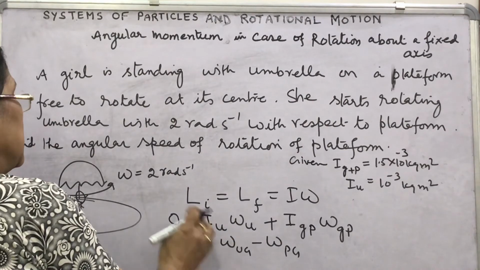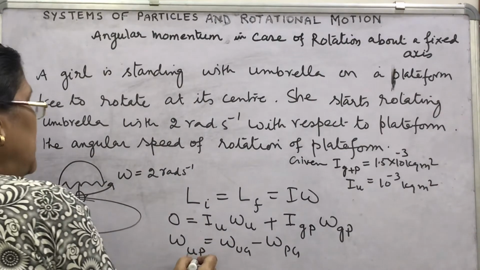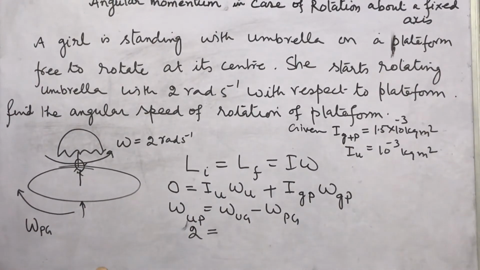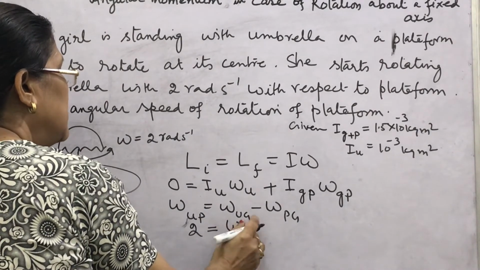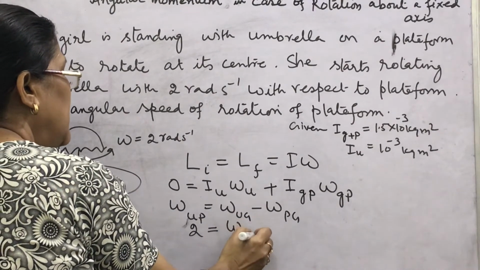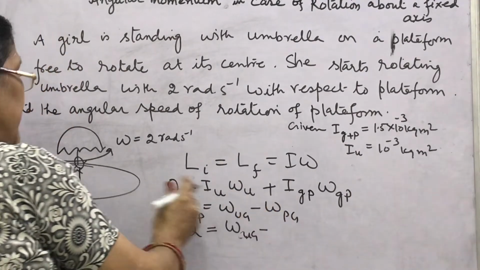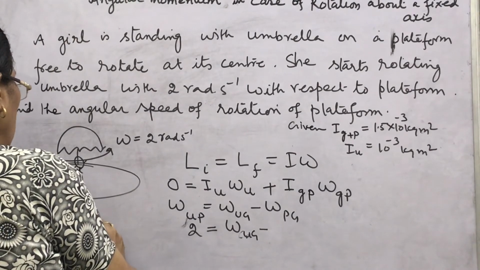Now the angular speed of umbrella with respect to platform, this is 2. You will write here 2. Here this angular speed of umbrella with respect to ground, suppose we write here this UG as usual, minus, let this angular speed of platform with respect to ground be omega.